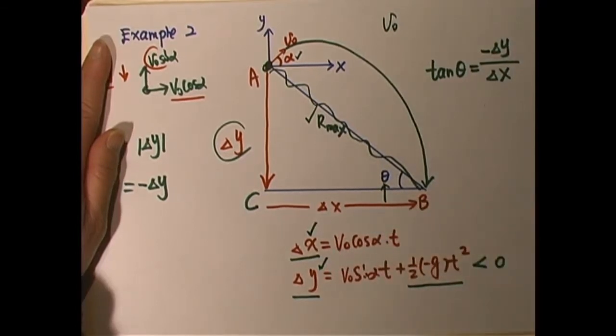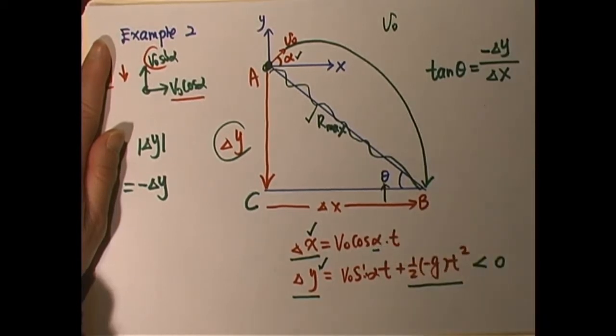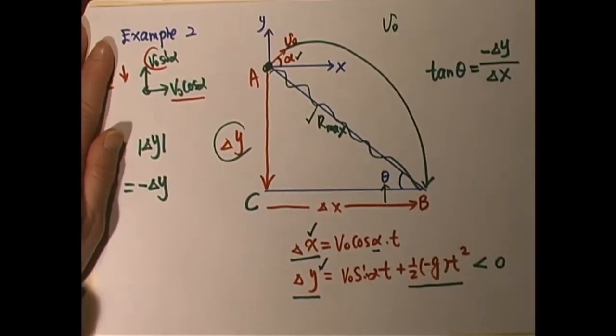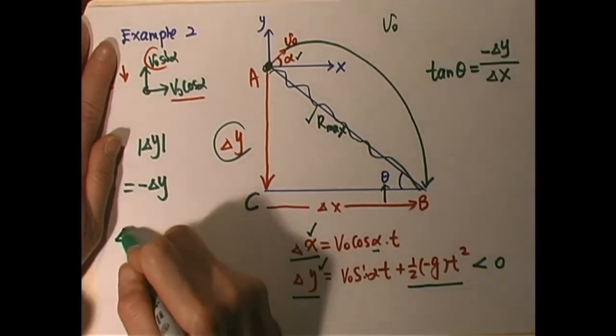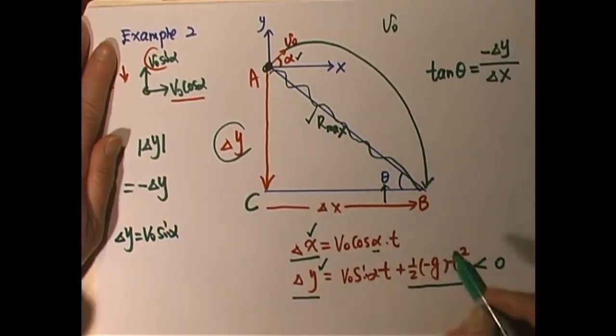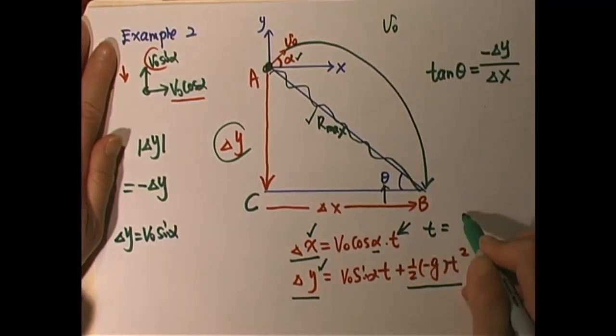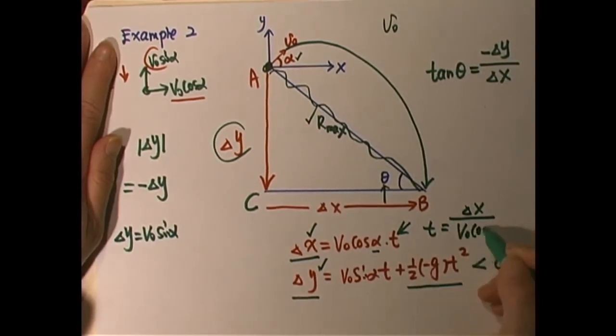Let's max x, and then we can find the angle alpha. Exactly how do we do that? Let's take a look. From delta x equals V0 cosine alpha times t, we get t equals delta x over V0 cosine alpha. So we're going to eliminate that t.